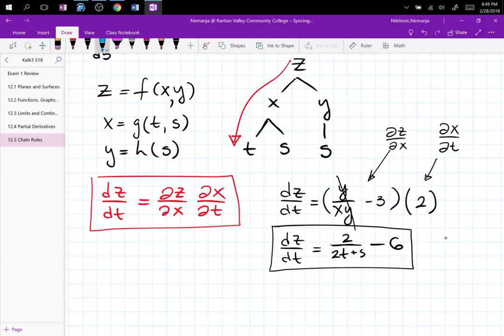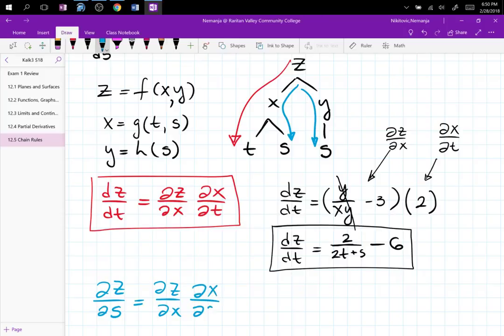We are going to do the s now. So what is the dz/ds? Those are my blue branches over here. Partial z, partial x, partial x, partial s, because there's branching everywhere going on a first branch.